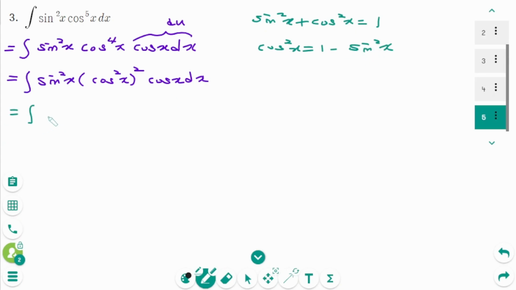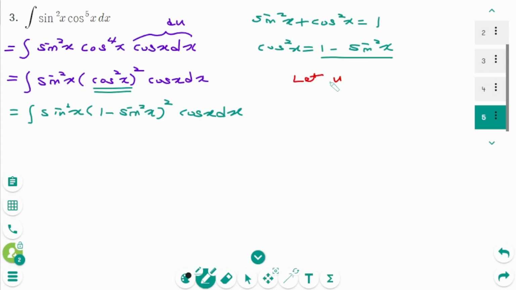The integral of sine squared x times this part is here, 1 minus sine squared x, then squared, cosine x dx. Use u substitution. Let u equal sine x, then differentiate each side, du equals cosine x dx.